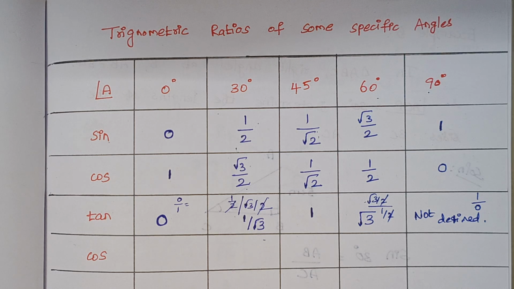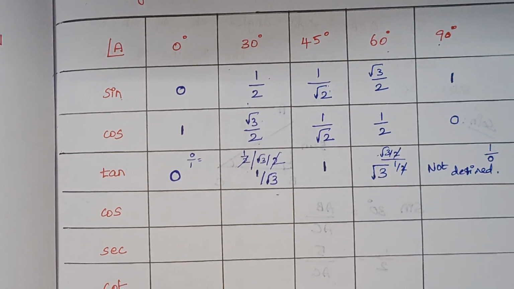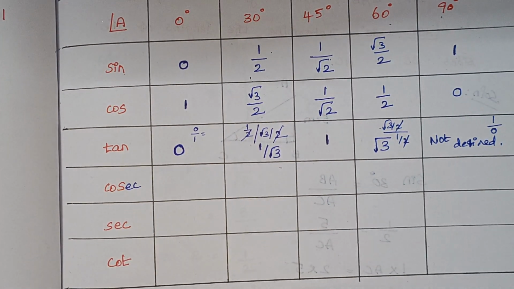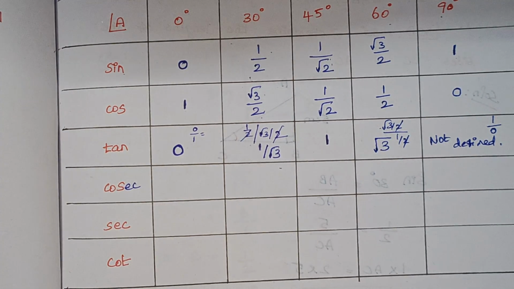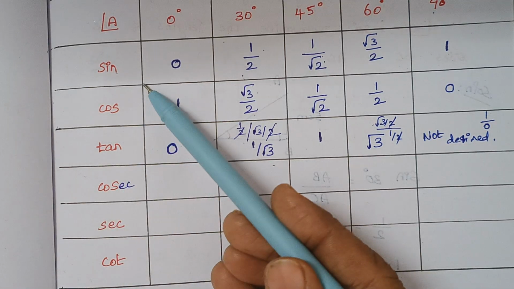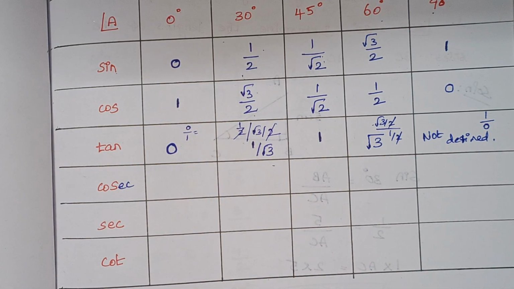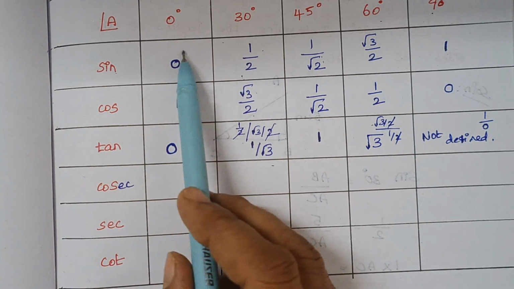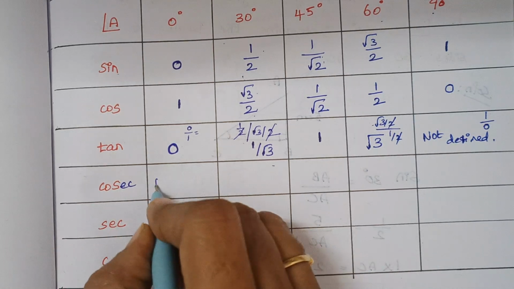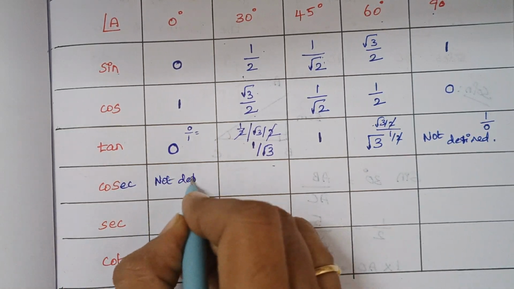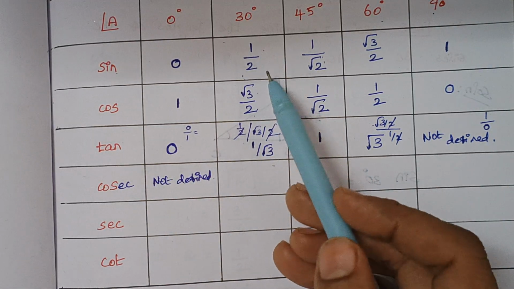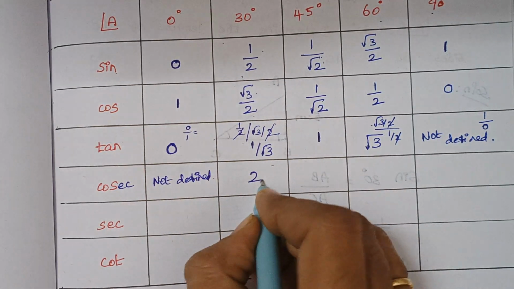Now the next thing is cosecant, secant and cot. As we all know, cosecant theta is the reciprocal of sine theta, right? So here we are having 0, so 1 by 0 will again be not defined. The next value is 1 by 2. When you take the reciprocal, it becomes 2 by 1, therefore 2.